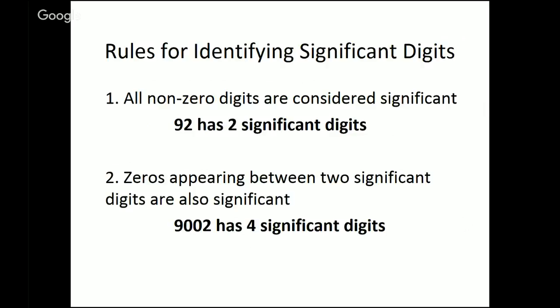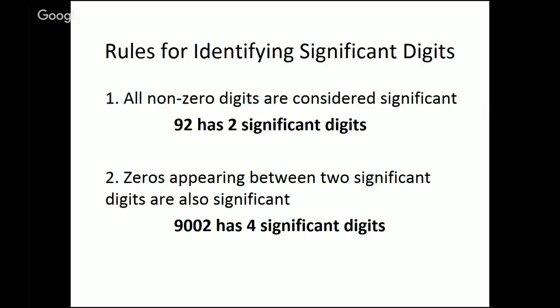But being able to recognize which ones are significant can help you determine which ones you need to write down and record. Okay, so here's rule number one. All non-zero digits are considered significant. So that's pretty easy. For instance, in the number 92, both the 9 and the 2 are considered significant. So that number has 2 sig figs.